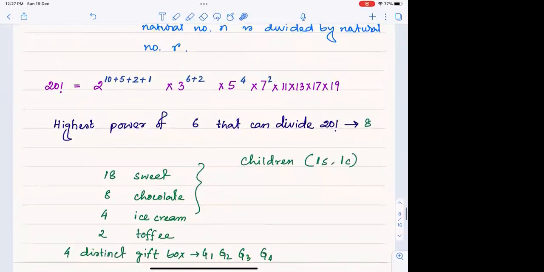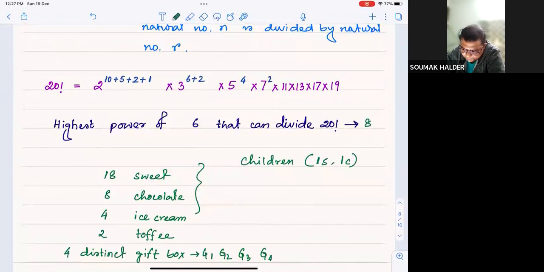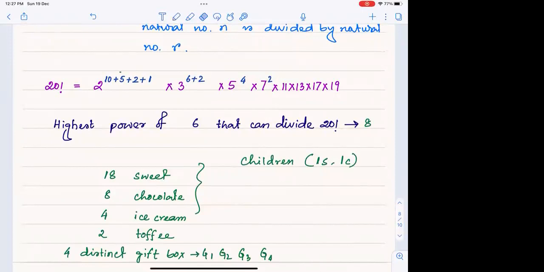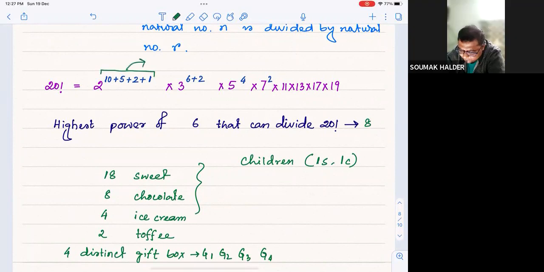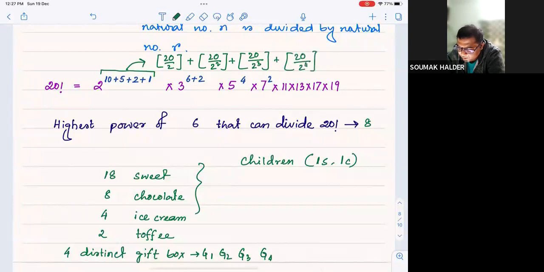This particular thing can be justified in the form of 20 by 2, the integral part, plus 20 by 2 square, then 20 by 2 cube, then 20 by 2 to the power 4. Should we go for 2 to the power 5?